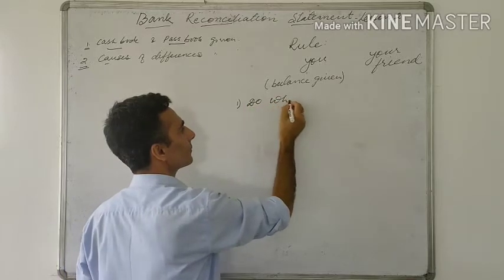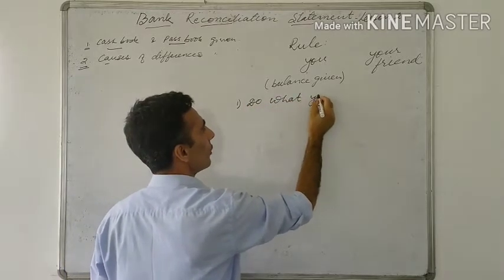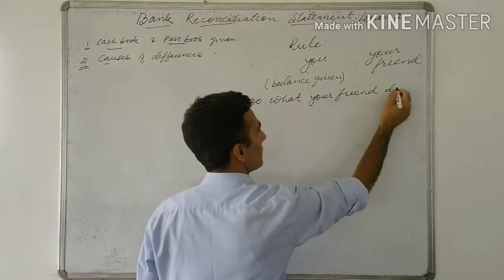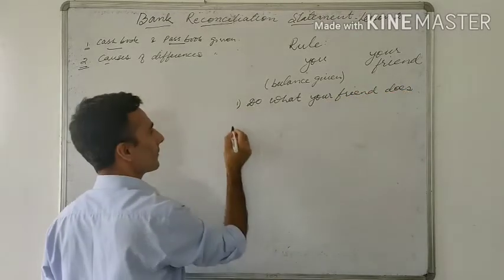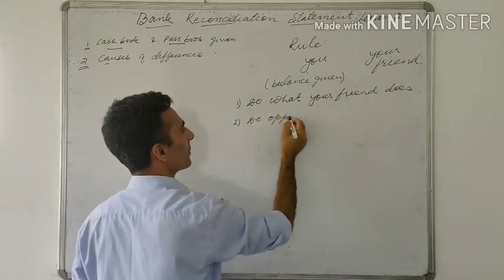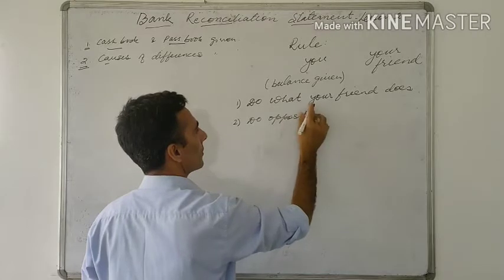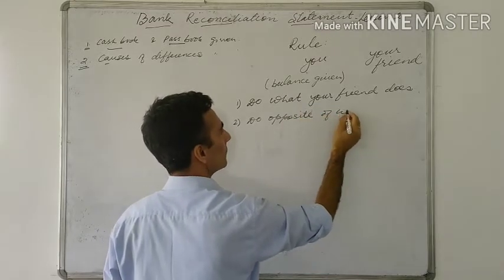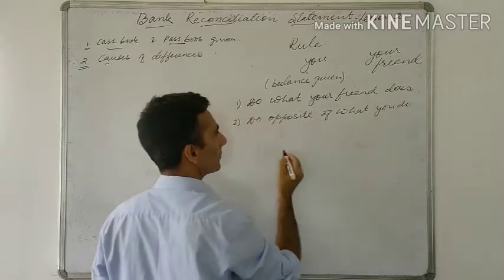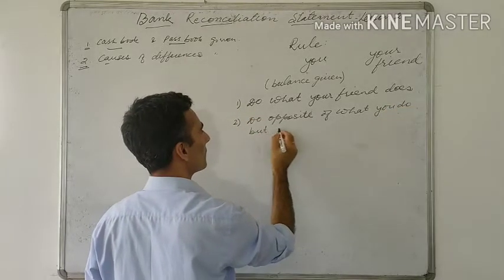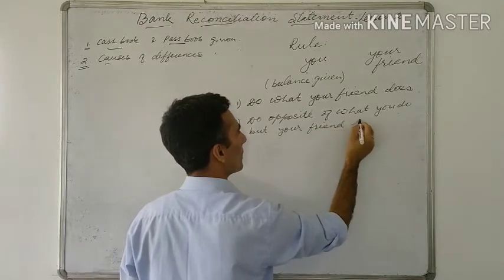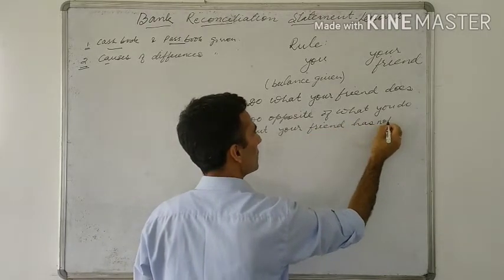Now the rule. Number 1: do what your friend does. Number 2: do opposite of what you do, but your friend has not done.